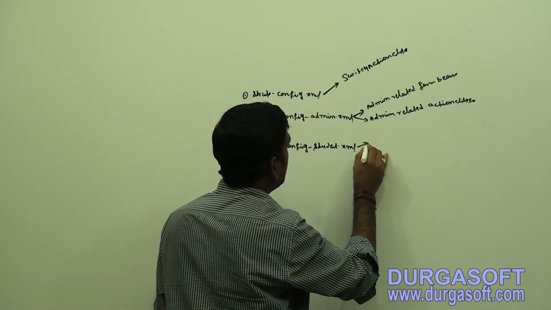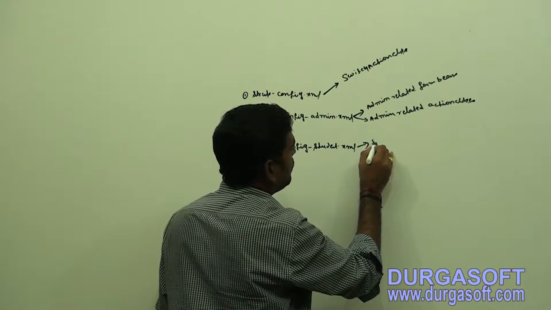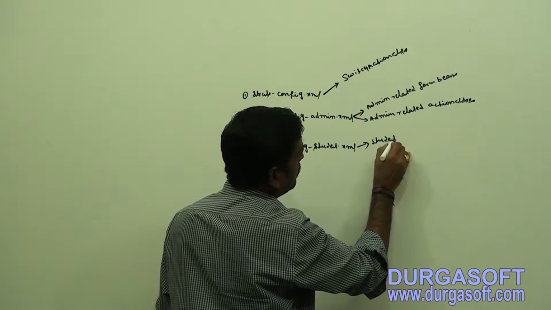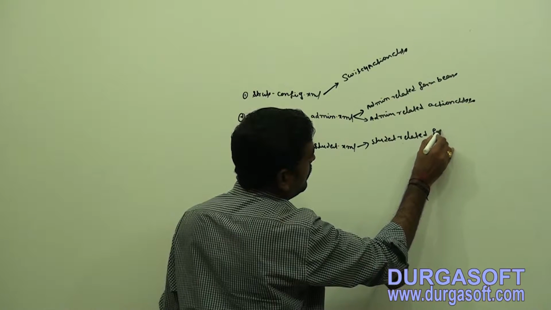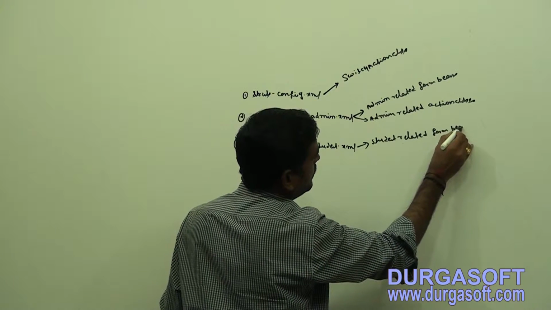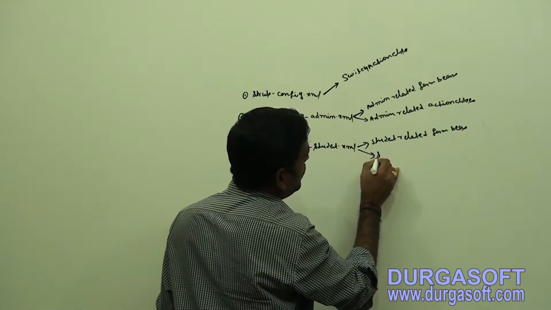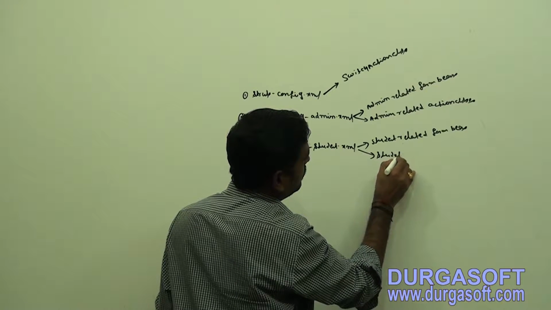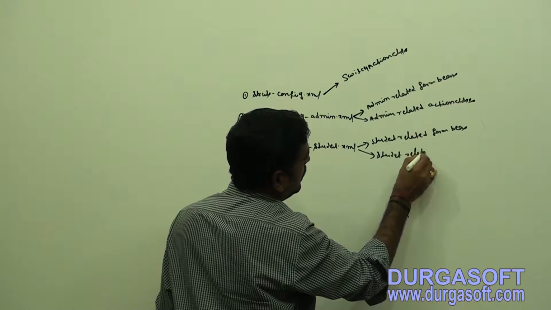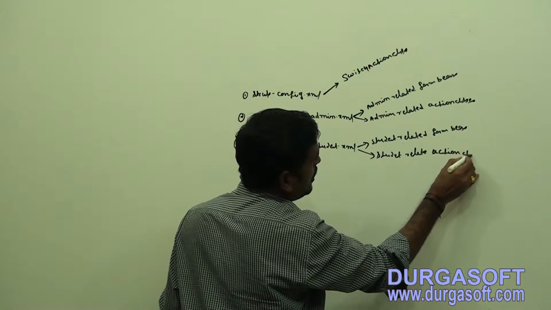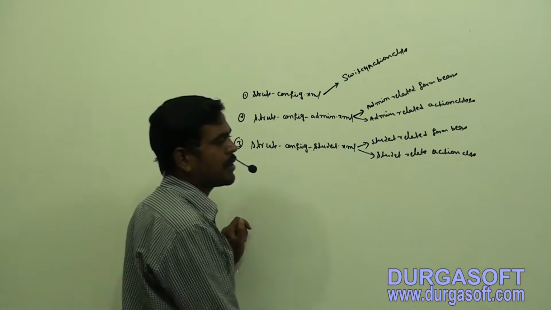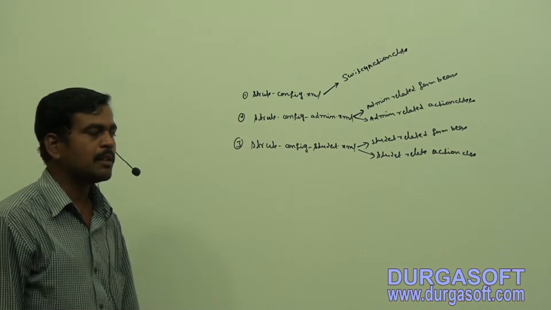The next, student related form beans. Now student related action classes. You know how to configure one action class, how to configure one form bean, right?